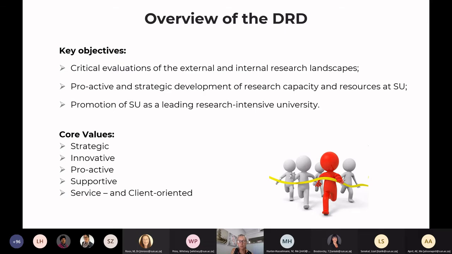I think one of the most important tasks that we have is to know the external research funding landscape and the external research agenda and the government policies and the international policies and opportunities that exist and challenges that exist, and then to link those up to the internal research landscape, which we also have to know pretty well.